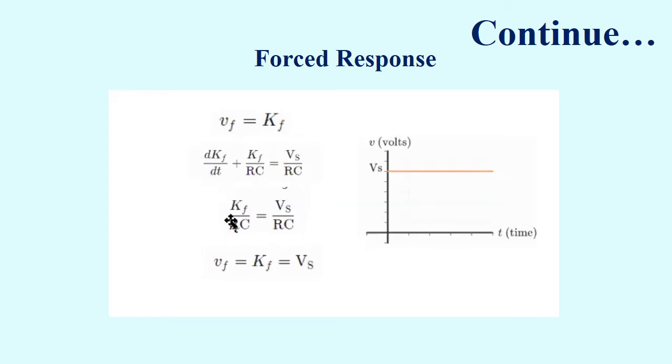So Kf by RC equals Vs by RC. RC cancels, and then we have Kf equals Vf, which equals the voltage source. So at t equals 0, we have the forced response equal to the source voltage, and we have a direct straight line.